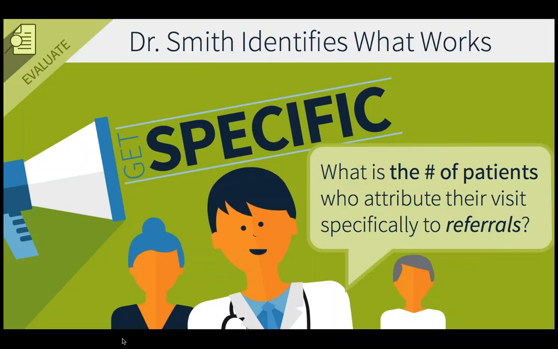Because look, if it is working, if you are increasing the number of patients because of this process, why wouldn't you do more of it? Why wouldn't you look for where you can increase this effort, or increase this budget, or do whatever you can to increase the return on that? So if you know that you're making more money as a practice, maybe you can bring in another doctor.